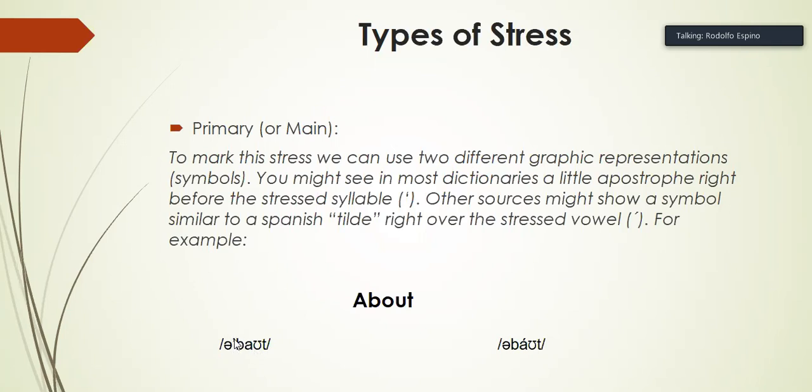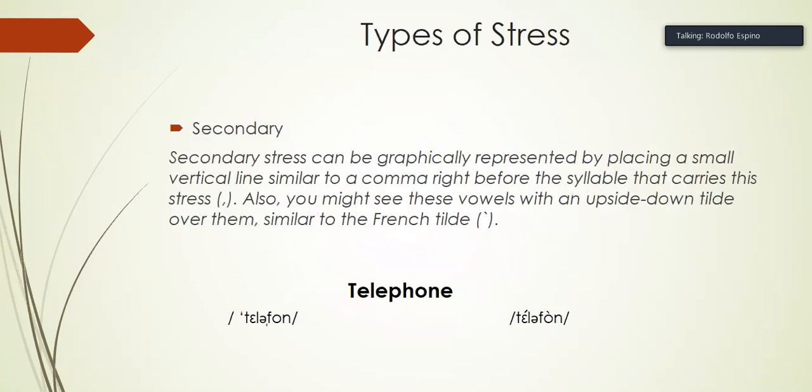In this case, this is signaling that the next syllable will be stressed. The other one is simply like a Spanish tilde, just like this. Either one is okay. They're just different systems, like the IPA. Well, there are many other phonetic systems also.